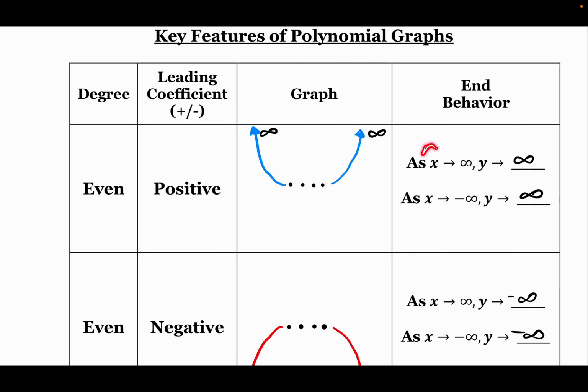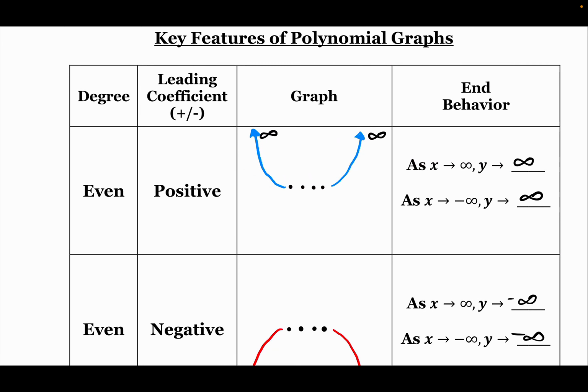So this means to the right. The opposite is left. That's negative infinity, right? If I'm going to negative infinity, that means I'm going left. So I go in the opposite direction. If I go left, where am I going? Up or down? Up again, right? That's why this guy is positive infinity, because both arrows are going up. The ends are both going up.